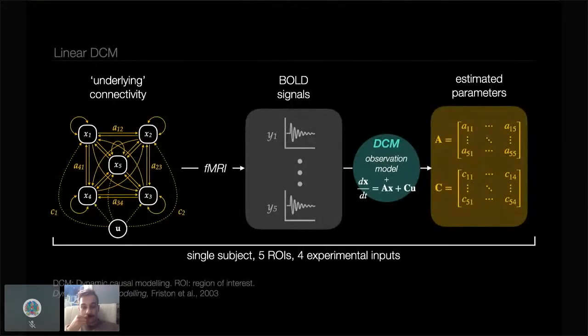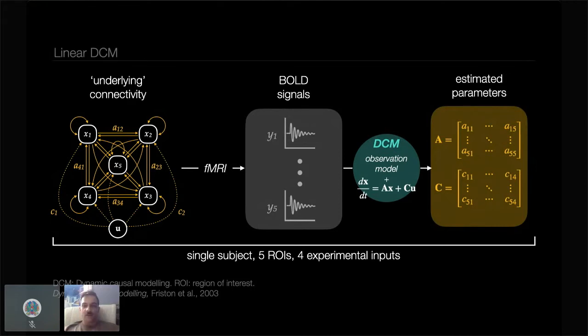If you were in the last lecture, you might remember DCM considers changes in regional brain activity to be influenced by exterior disturbances, which we label u, and by the activities, which we label x, of the other regions in the brain.